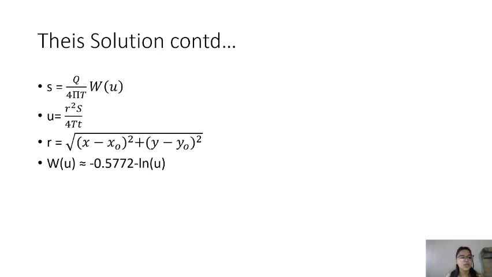And then u is a dimensionless parameter related to time and distance. W(u) is the well function, which is directly related to u. r is our radius. S is the storage coefficient, which is the ability of the aquifer to store and release water, and the small t is our elapsed pumping time for the well.